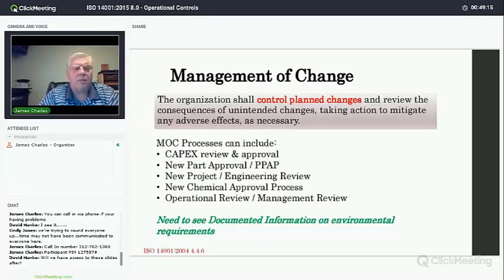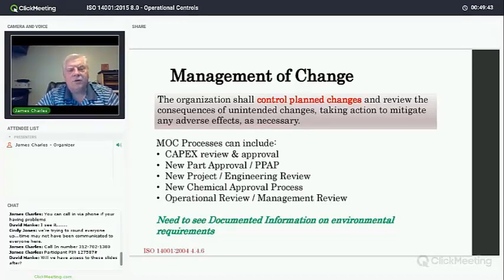So with the organizations that I'm working with to help upgrade their programs, we're really trying to take credit for the existing management of change processes at the facility. And where necessary, trying to add either a checkbox or a space to put notes for environmental information. So take a look at your capital expenditure review and approval forms and process.